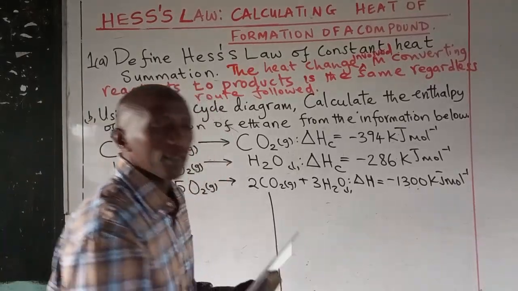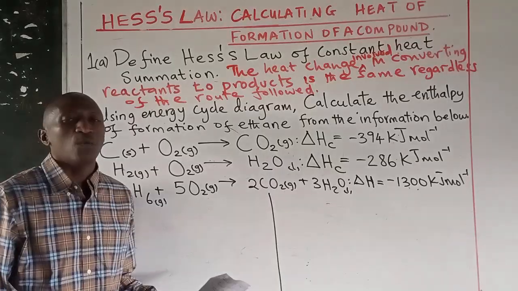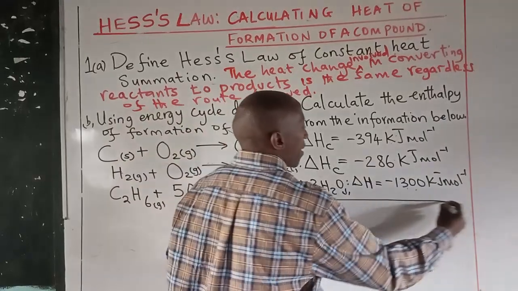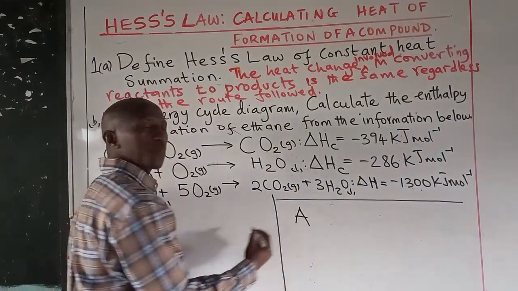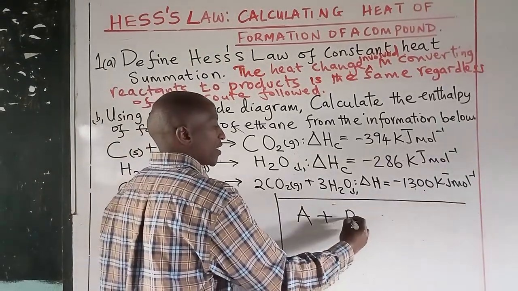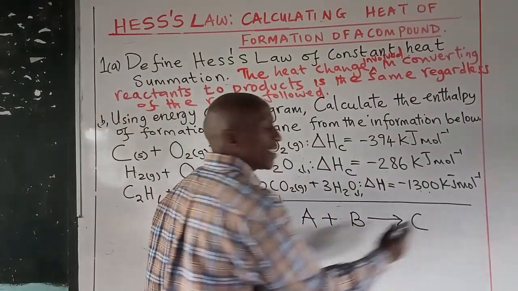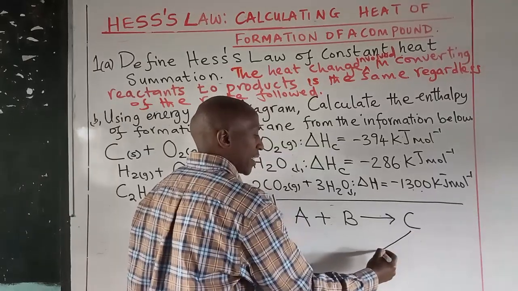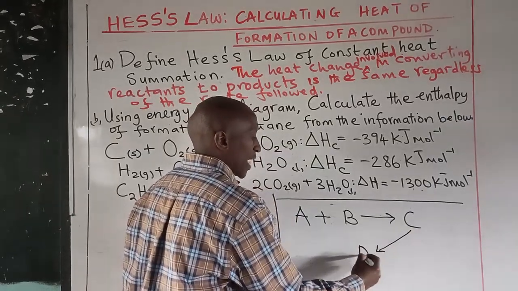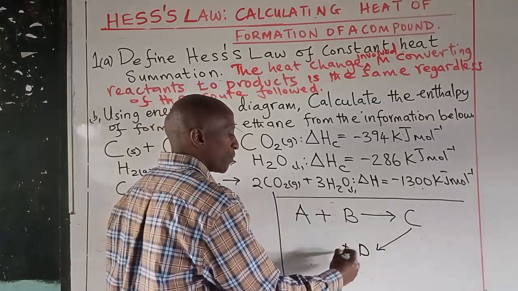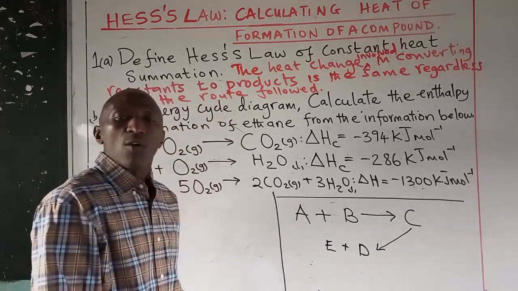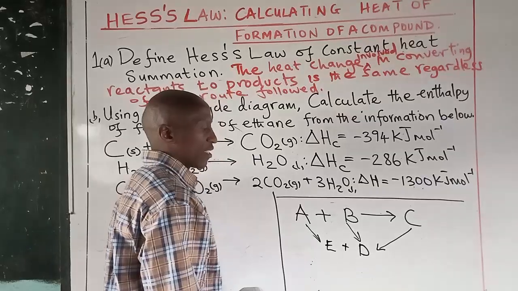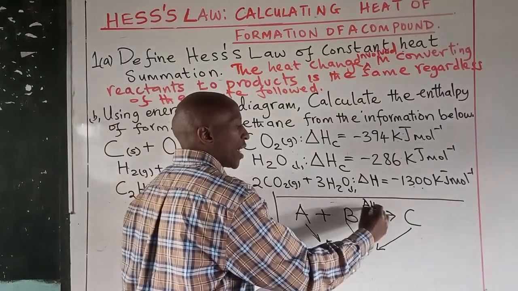We can explain that in simple language. Take for example, I may use this space here. We have a product A reacting with the product B to yield an intermediate product C. However, product C later on is converted to product D and possibly E. Now you realize that A can also be converted to E, B can be converted to D. So we have an energy change here, H1.